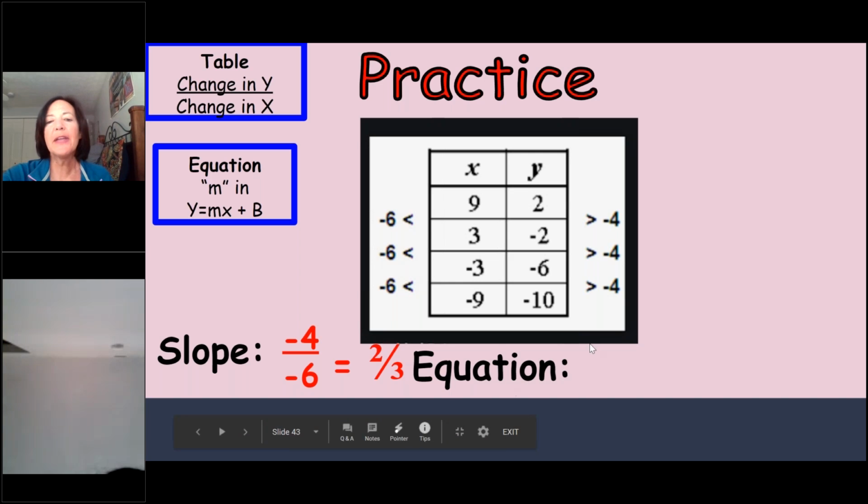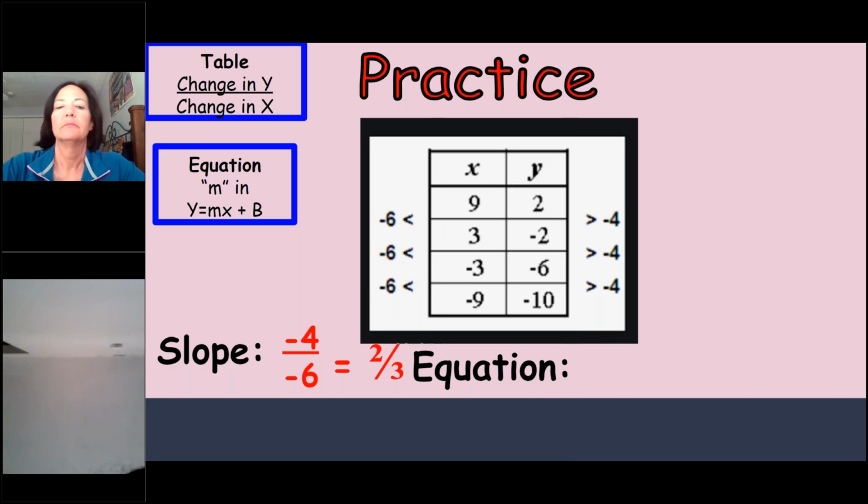Good job. Okay. We have to write our equation, and this equation is ugly. You try to do it, but it's okay to give up because it's kind of hard. But go ahead, you start the equation for me. Okay.